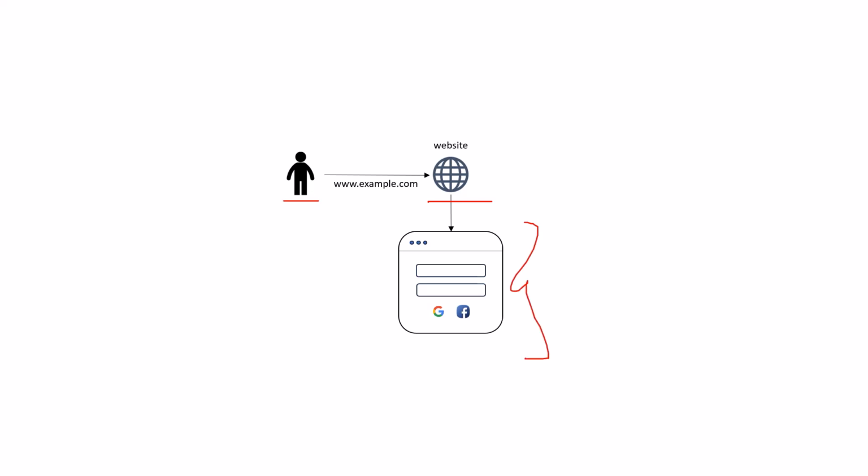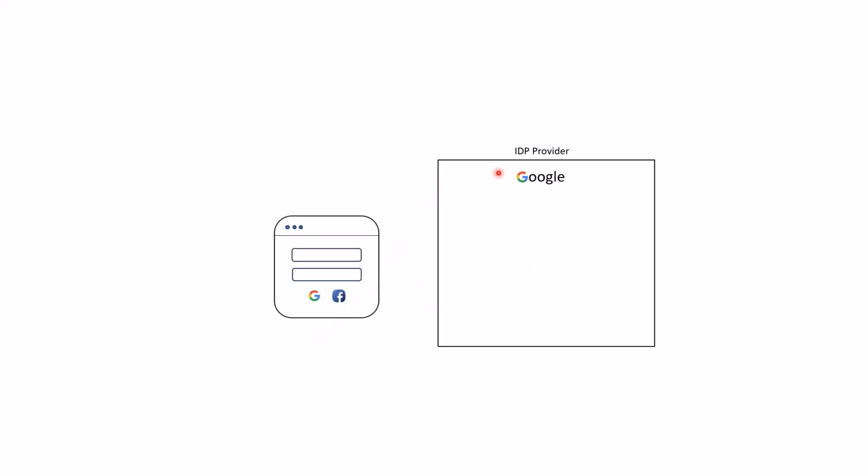So the user needs to authenticate, and one of the options is to authenticate through Google. In this case, Google is our IDP provider. So the user will be redirected to the IDP provider URL with the request parameters. These parameters depend on the endpoint being accessed. It can be the authorization endpoint or the token endpoint, which are central to OIDC flows.